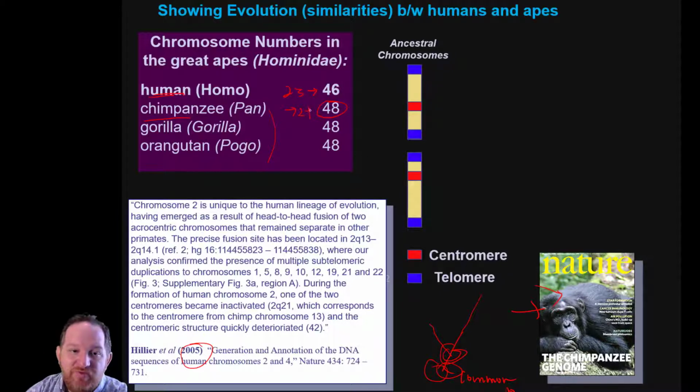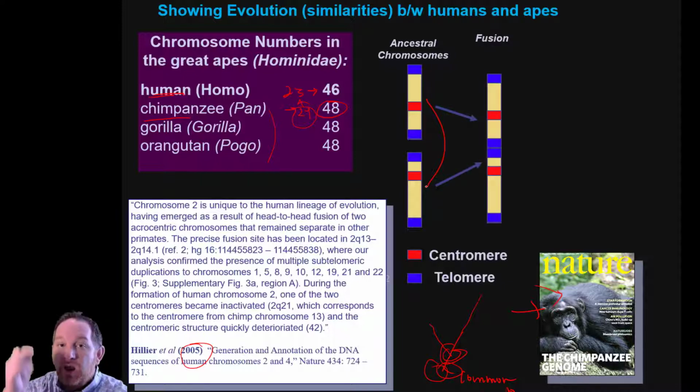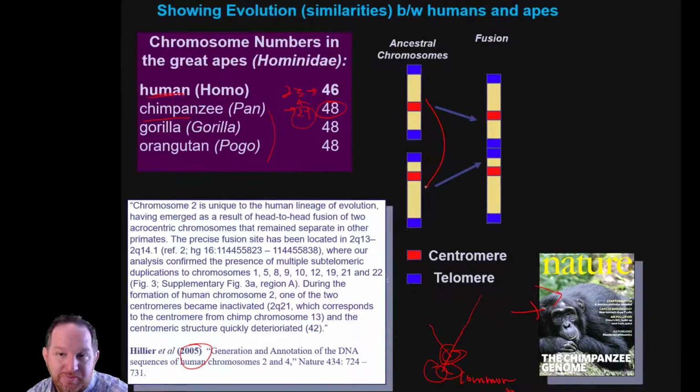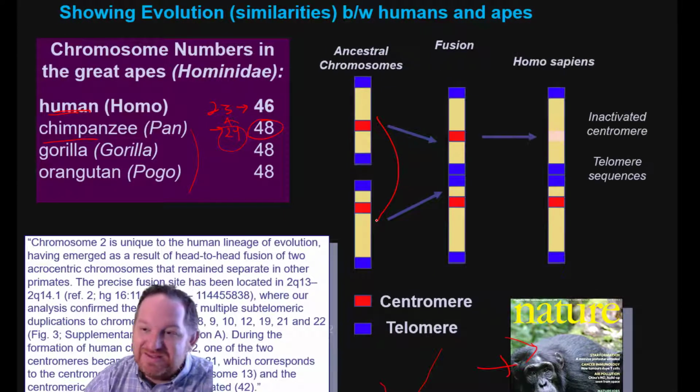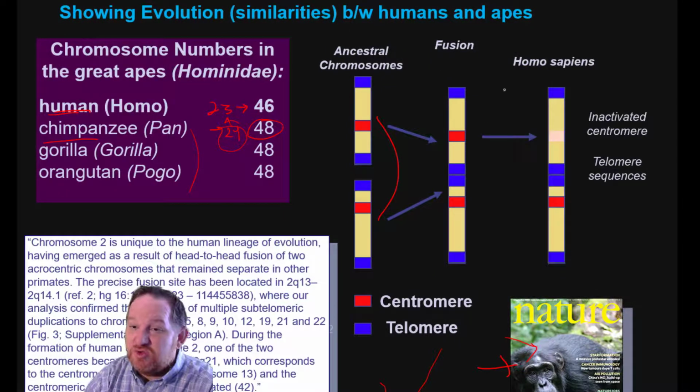So how did we go from 24 to 23? One way is to just lose one. We lost a chromosome. Another way is for two chromosomes, maybe two smaller ones, to come together and form one bigger chromosome. Well, we actually think this is what happened, and we have some strong evidence to support that.